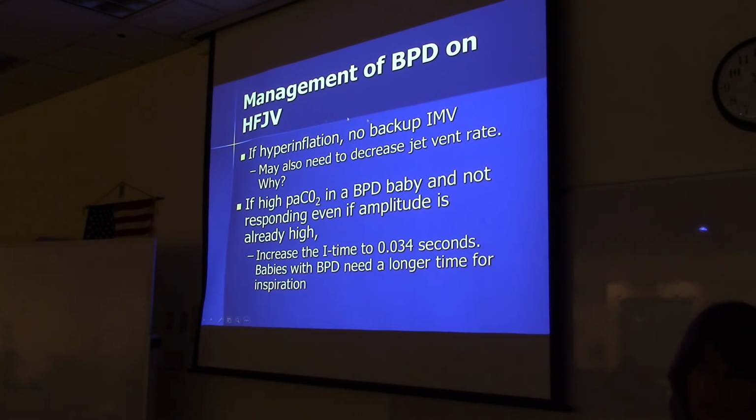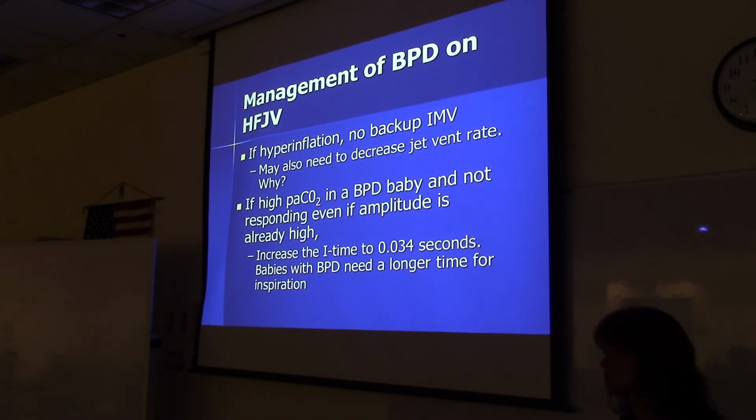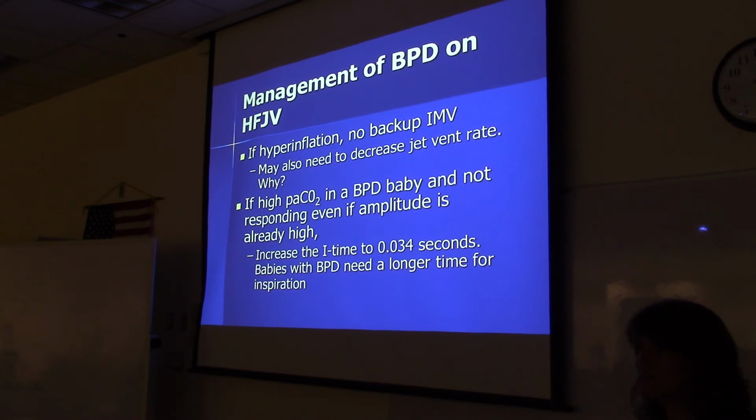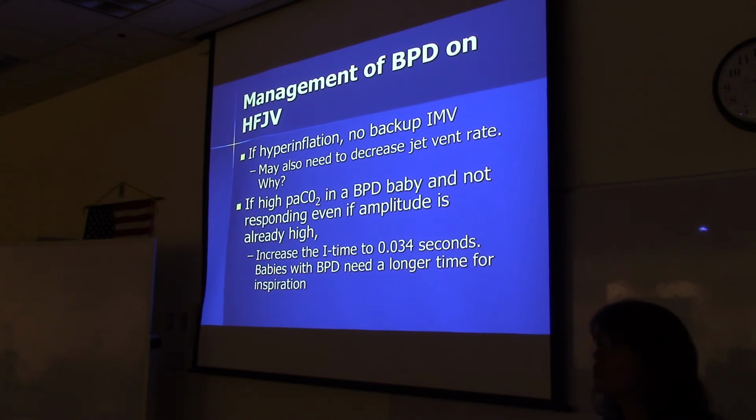And then the other change, if there's high CO2 in the BPD baby, what they do is give it a longer I time. So on the jet vent, you typically stay with your 0.02 seconds. When would you change the I time? With these BPD babies, you want better ventilation, give them a longer I time, and you'll get better ventilation.